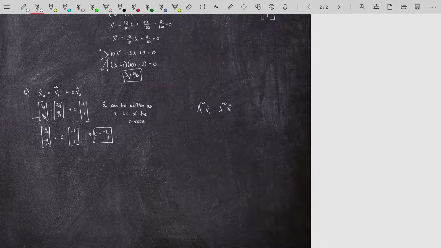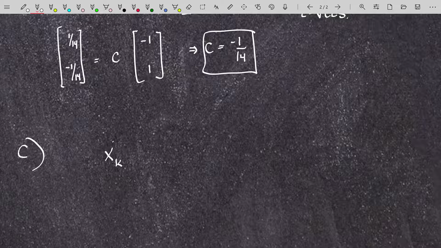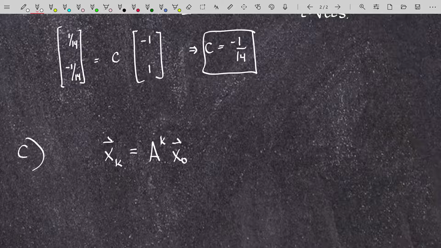So part C says the following: for k equals 1, 2, and so on, define x sub k, the kth iteration of x, to be A to the k power times x sub 0, which is exactly what I had just mentioned, that A to the kth power, if x sub 0 is an eigenvector, or even if x sub 0 is a linear combination of eigenvectors, so plus c, which we've just proven is negative 1/14, v sub 2.